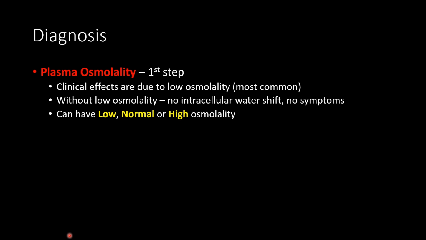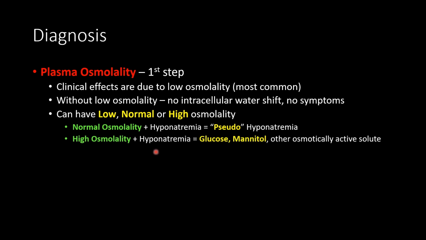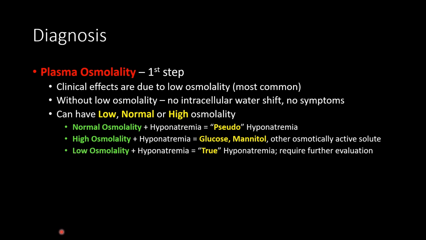Rather, if the patient having hyponatremia has normal osmolality, it may be a case of pseudohyponatremia. If a patient having hyponatremia has high osmolality, this hyponatremia may be due to osmotic substances like glucose, mannitol, and other osmotically active solutes that we discussed in our diagram and animations. And if true hyponatremia is present, the osmolality will actually be low.